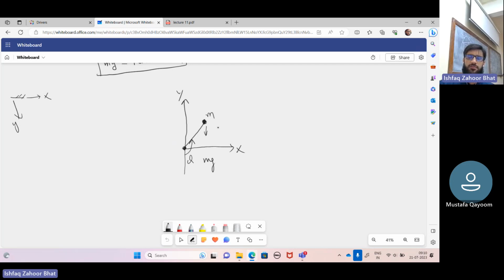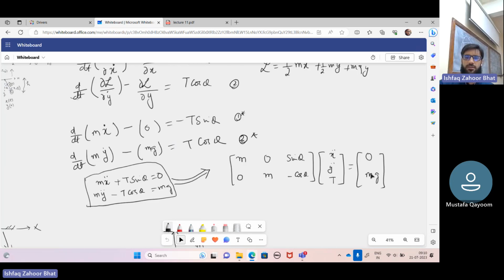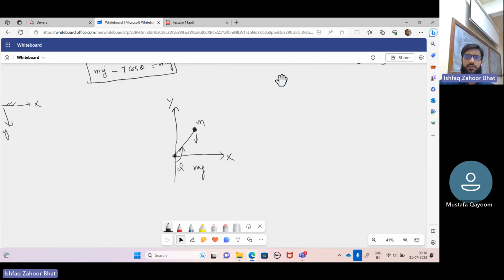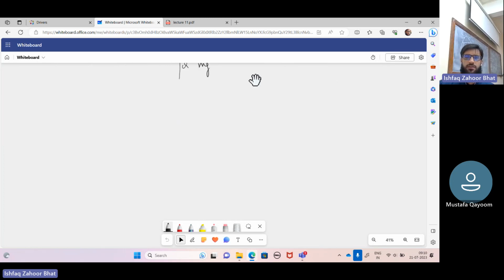Try to solve this. I have just changed the coordinate system. I am taking the y-axis as vertically upward. In the previous one it was vertical. Try to solve this and see if there is any change in this equation, any sign change or others. Once you solve this one, then you can go for the next one.